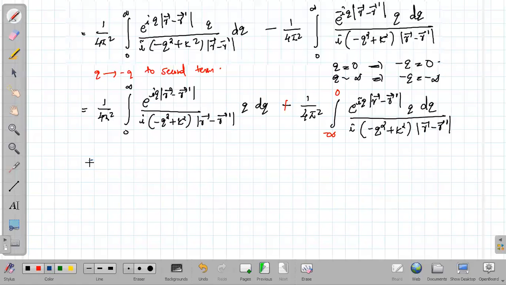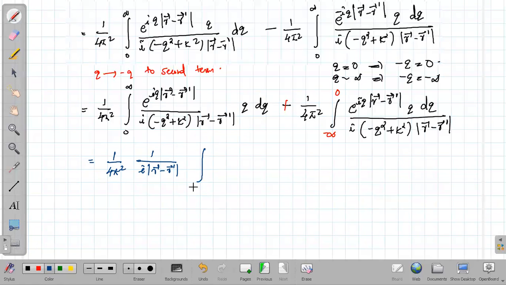The final result would be 1 upon 4 pi square, and you can take some terms outside: 1 upon i modulus of r minus r prime can be taken outside because you are integrating over q only.